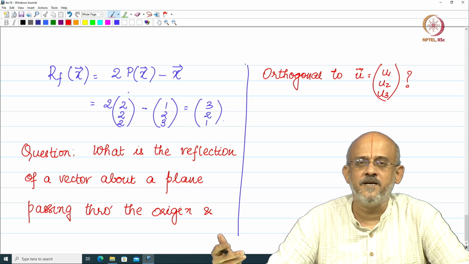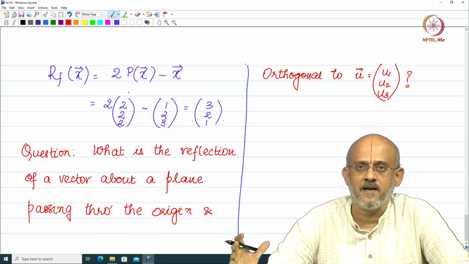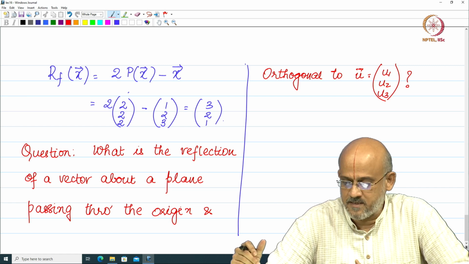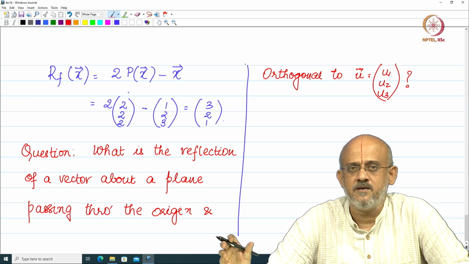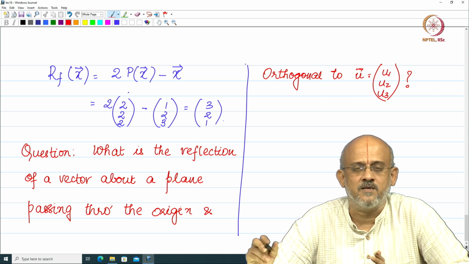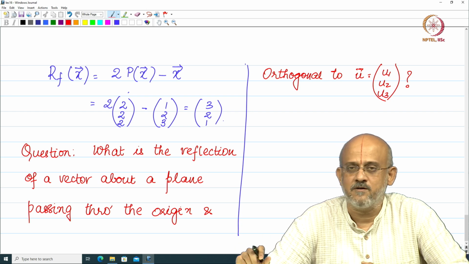How is this going to be different from what we had for reflection about a line passing through the origin? Is it going to be the same or is it going to be different? If it is different, how is it different? If it is the same, then what is the difference between saying reflection about a line and reflection about a plane passing through the origin?